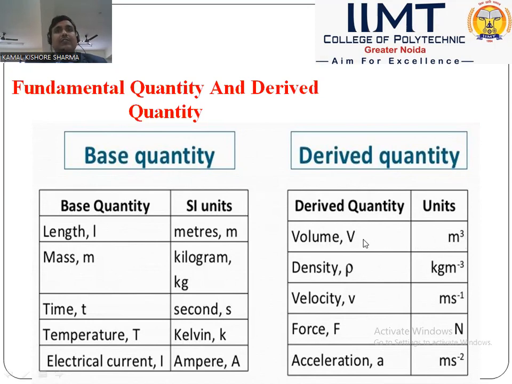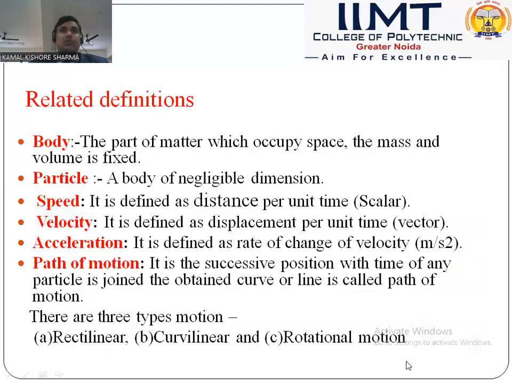Volume is in cubic meter. Density is mass per unit volume, so kg per meter cubed. Velocity is meter per second, force is Newton, acceleration is meter per second square.